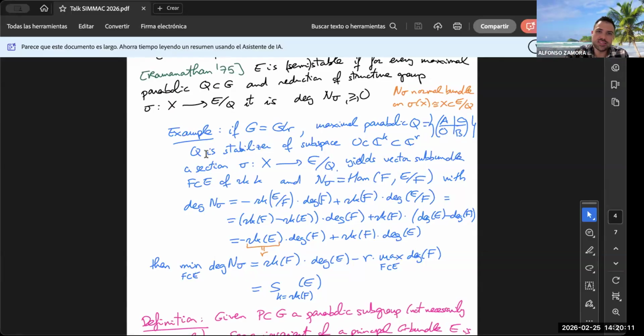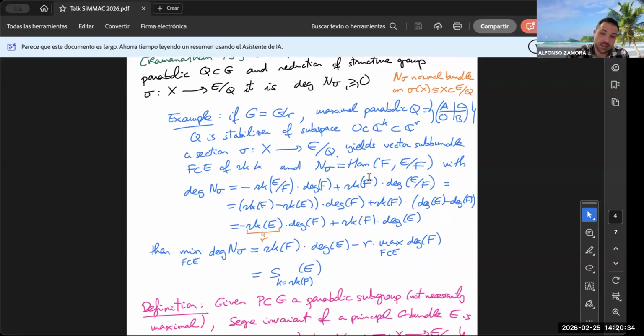Then Q can also be seen as the stabilizer of a subspace of the r-dimensional total space, which is the fiber of the vector bundle. Then a section yields a vector subbundle. So having a section of this maximal parabolic is the same as having a vector subbundle in the classical vector bundle notion of stability. And the normal bundle is the bundle of homomorphisms from F to E over F.